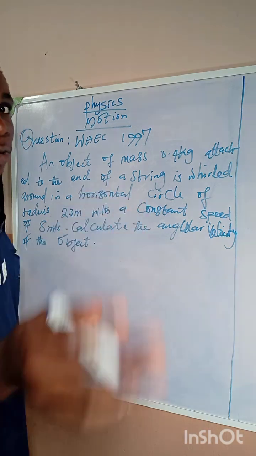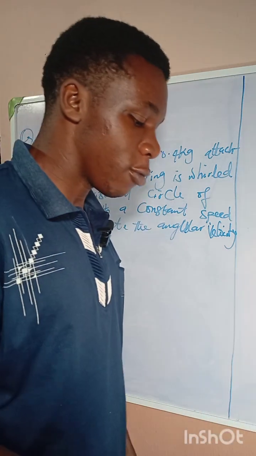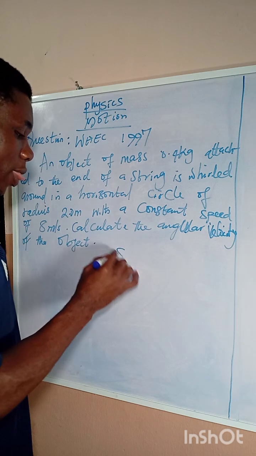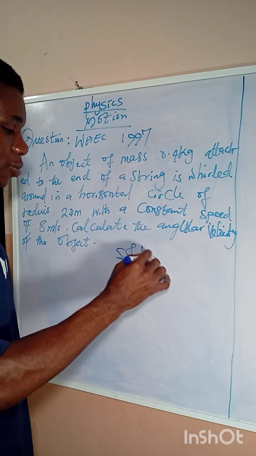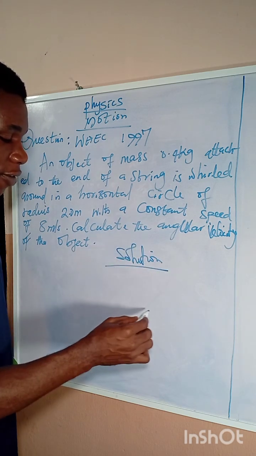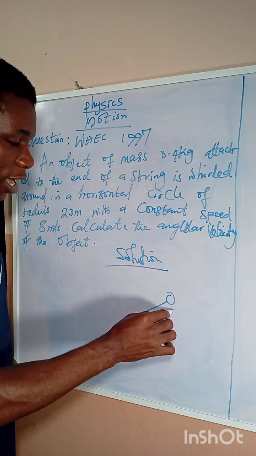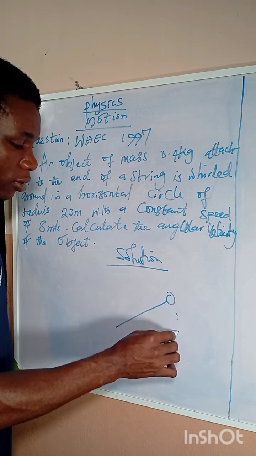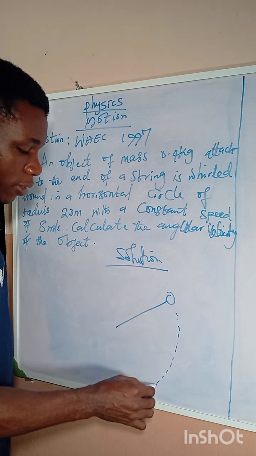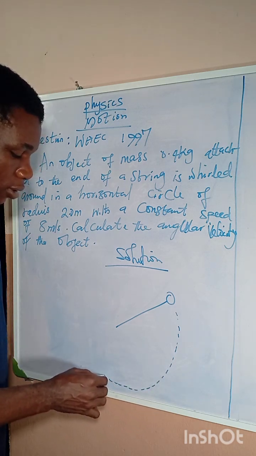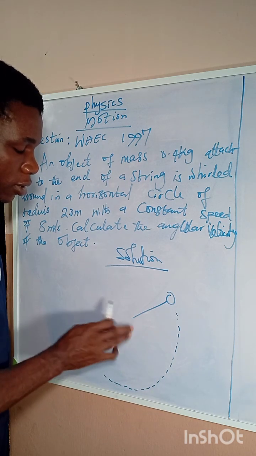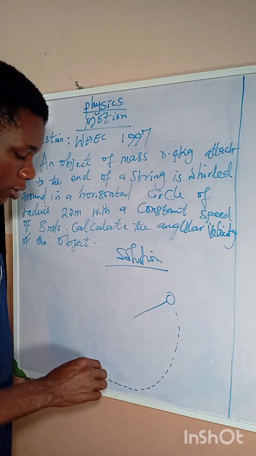Well, I'll do a little bit of explanation and then I will solve this problem. So, if I had a particle suspended to a string and I whirled it round a circular path, I think the radius is big, alright?